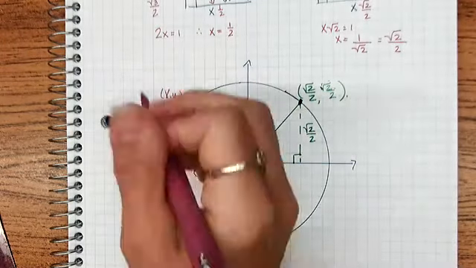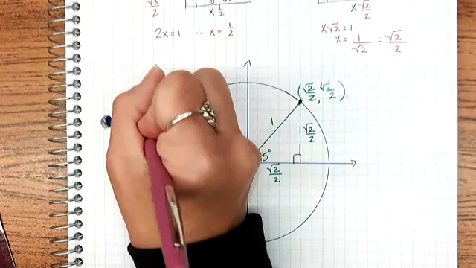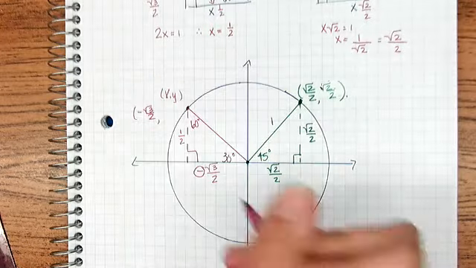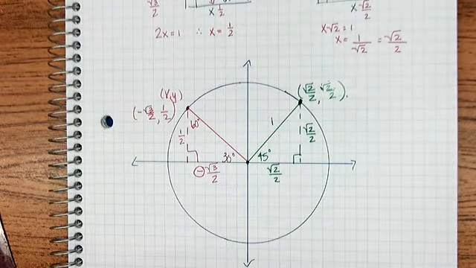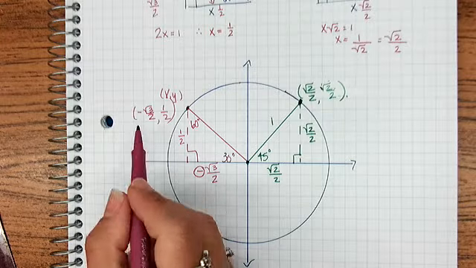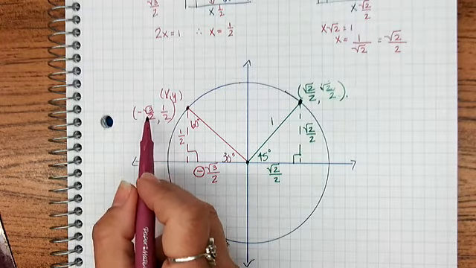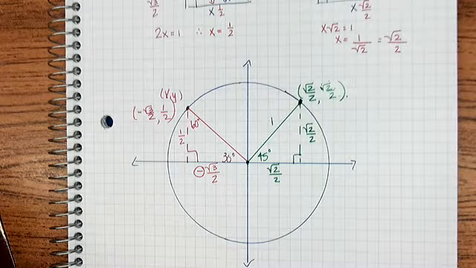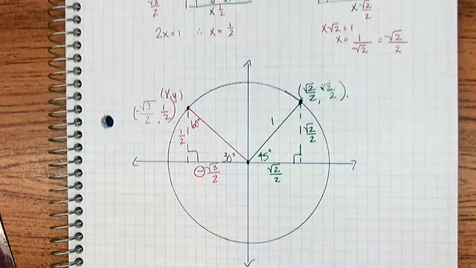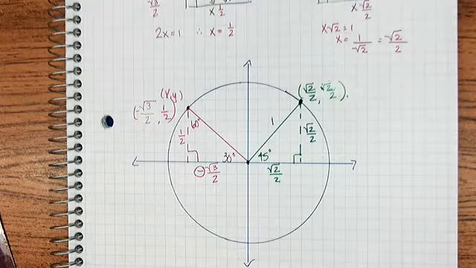So in this particular case, it is negative root 3 over 2, 1/2. I fixed it, negative root 3 over 2.